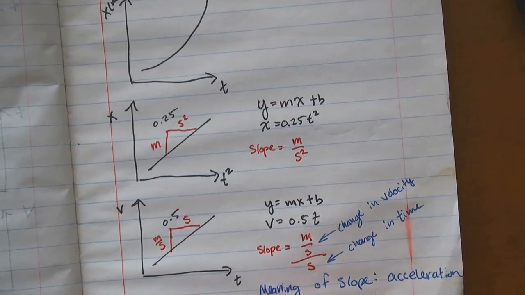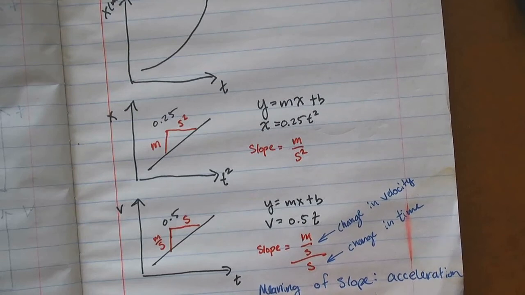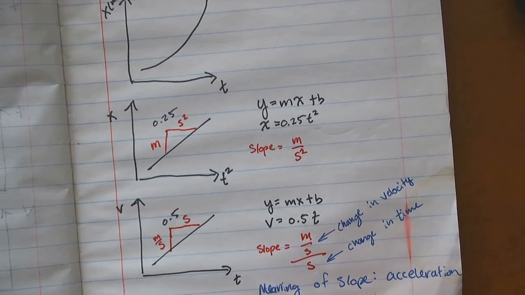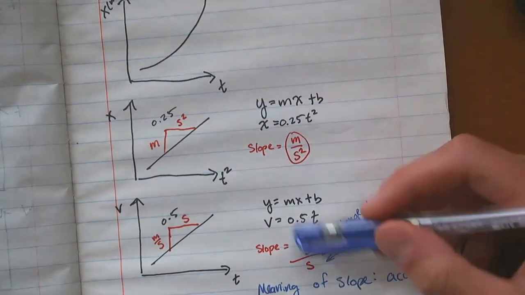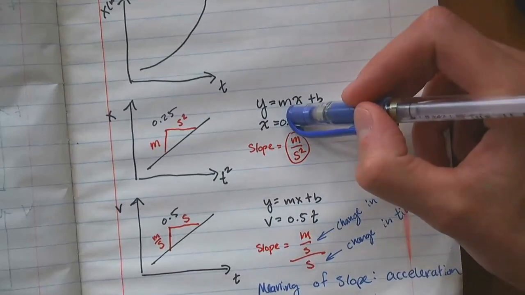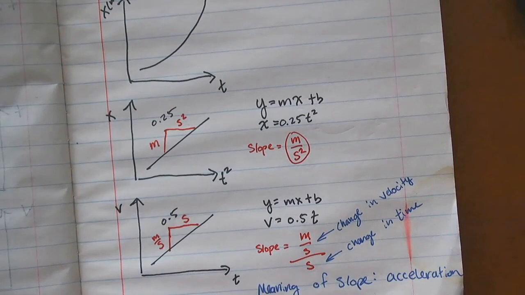So dividing by an s is the same as multiplying by 1 over s. Meters times 1 gives you meters, and seconds times seconds gives you seconds squared. Look at this, the units are the same. So the slope here must be related to the slope here. They have the same units, so they have to be somehow related.